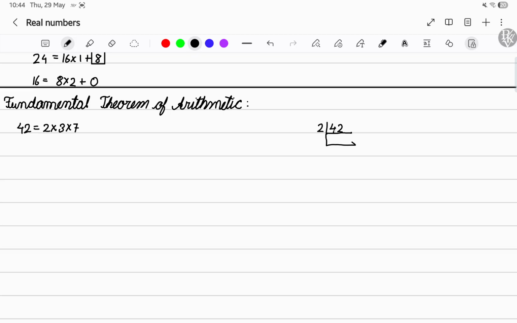Yes. And you divide 42 by 2, you'll get 21. Now you see, does 2 go here? No. Does 3 go here? Yes. So 21 divided by 3 will be 7. 2 multiplied by 3 multiplied by 7, that will be 42. So with the same logic, you can do that.